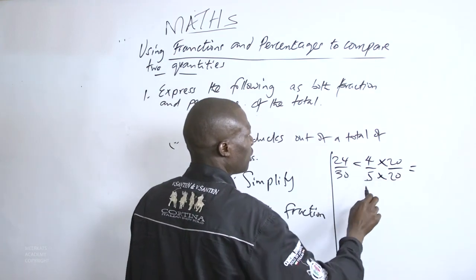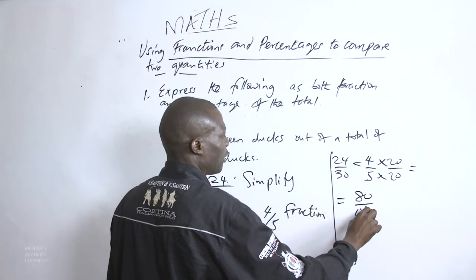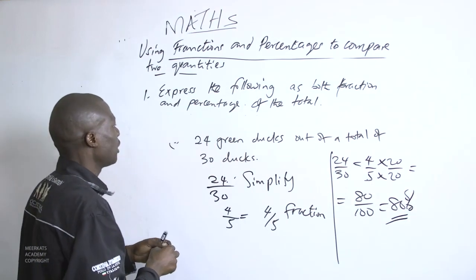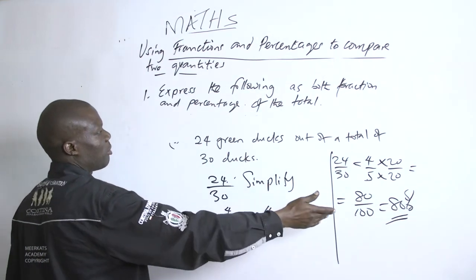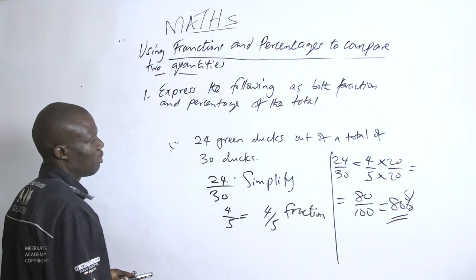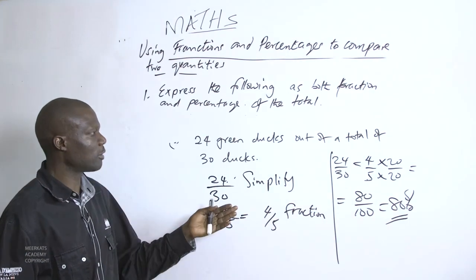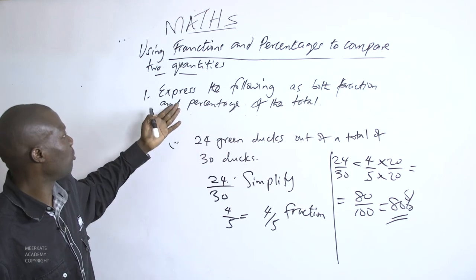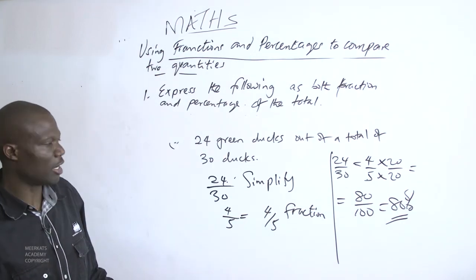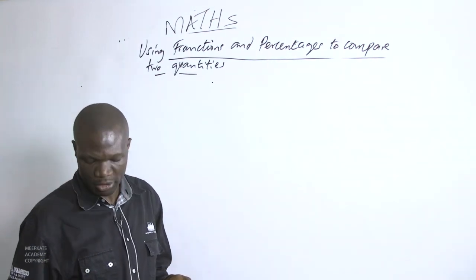You will get 80 over 100, which is equivalent to 80%. So green ducks form 80% of the total population, or form 4 over 5 of the total population. That is what we have in this particular case, that we can simply represent a number as a fraction or as a percentage. Let us look at another question.